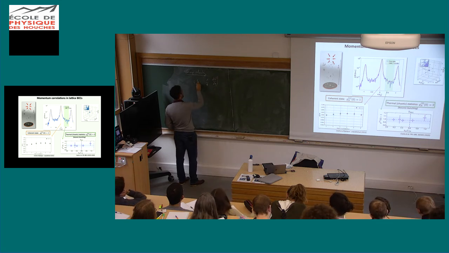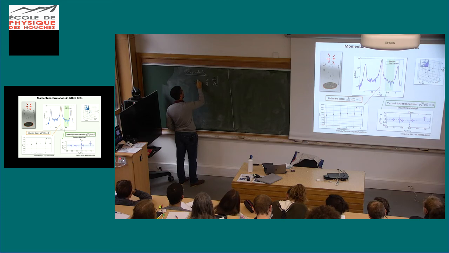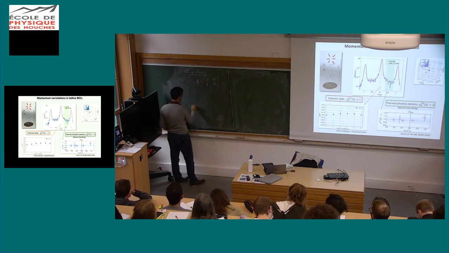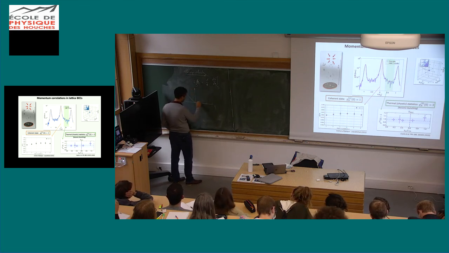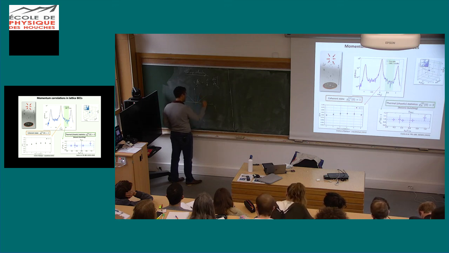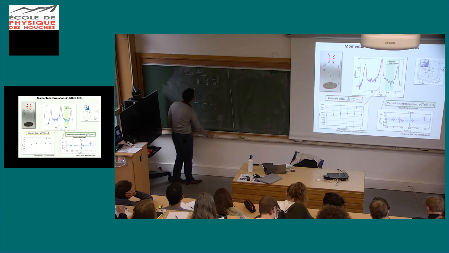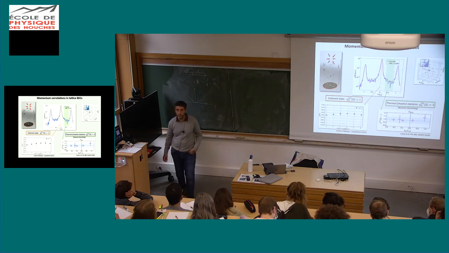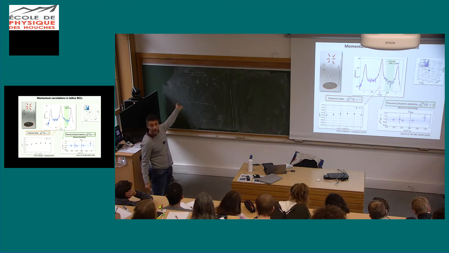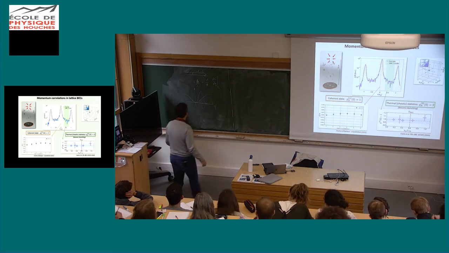Well, the group velocity for a wave packet centered on q naught. So let's say that this is the lowest band, and I'm interested in a wave packet with an average quasi-momentum q naught. Then I can define a group velocity like this, as you usually know.